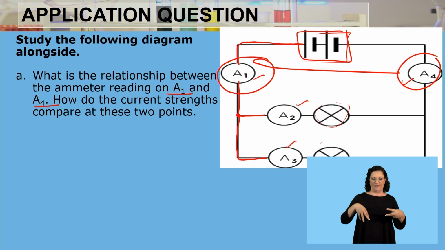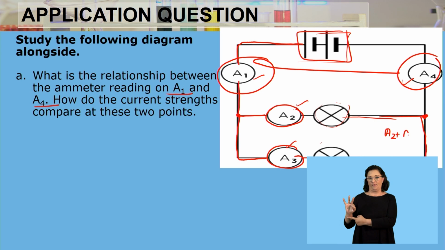Before they go through the first and second bulb, they need to pass through A2 and A3, go through the bulb as our resistor, then go all the way around. Once they get to this point again, they add up together.